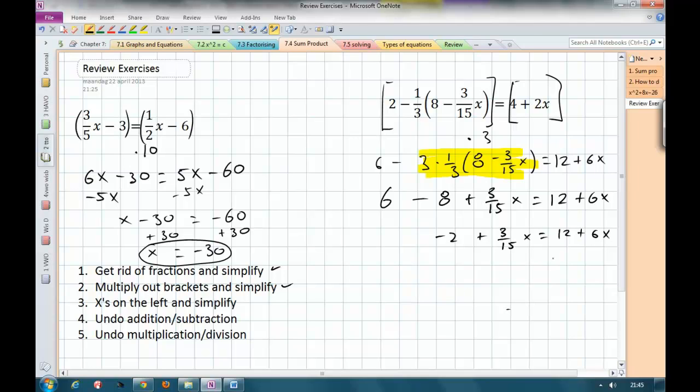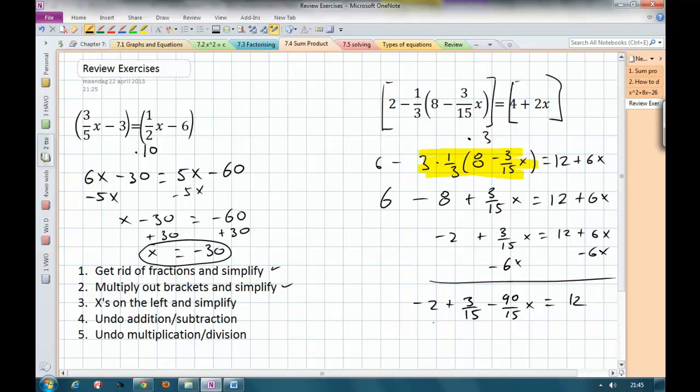Let me just keep to this step. So I've got minus 6x on both sides, and that will give me minus 90/15 x is going to be equal to 12.